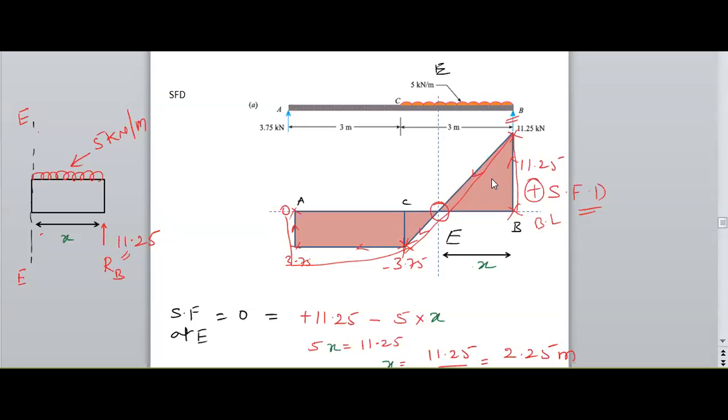If you observe this, the sign change is occurring here.